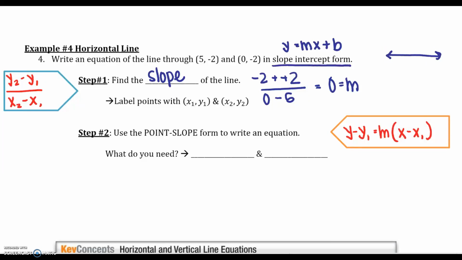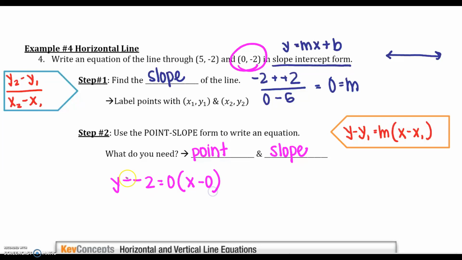So then I'm going to put it into point slope. If you know how to write a horizontal line equation, you can go ahead and do that from here. If you are like me, I like to just make sure I know what I'm doing and check myself and recheck myself to make sure I'm doing it right. So I'm going to do it like this. So point slope y minus y1 equals m times x minus x1.